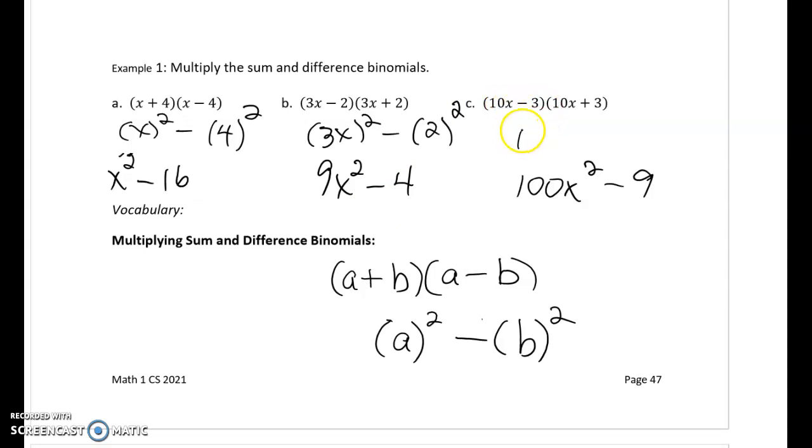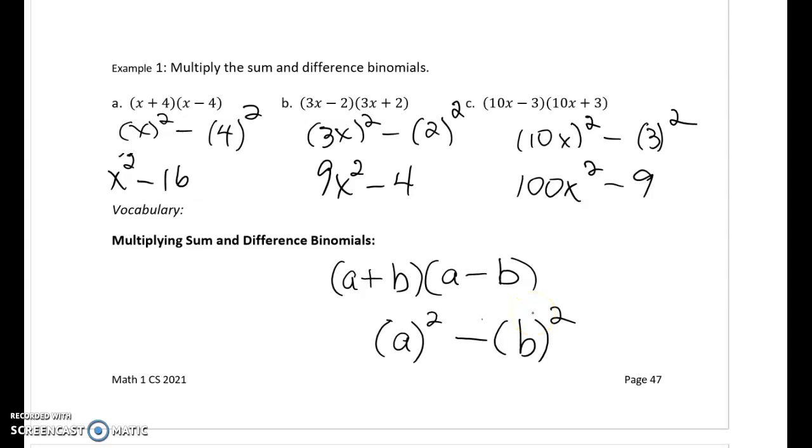Then, first term of the binomial, 10x, square it. Second term of the binomial, 3, square it. Minus sign in between.